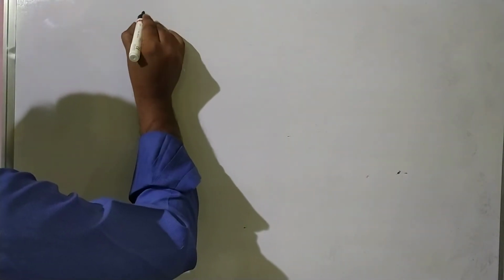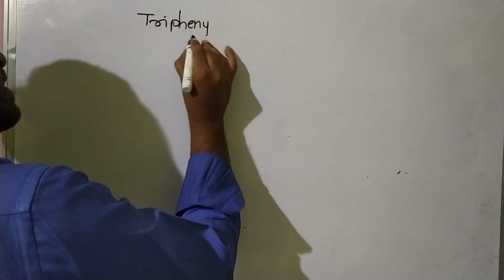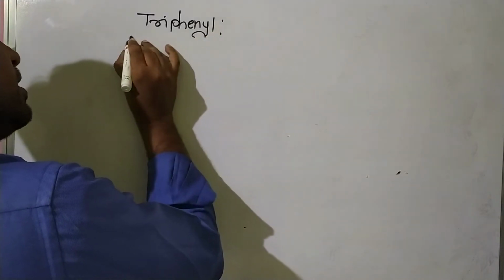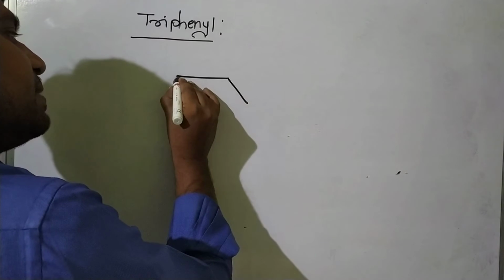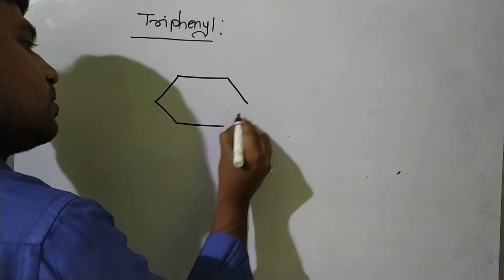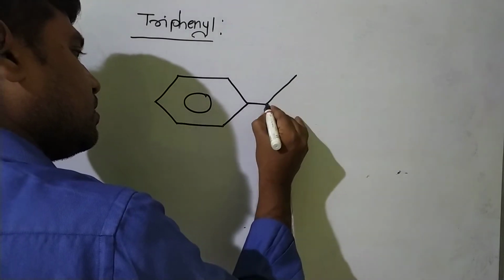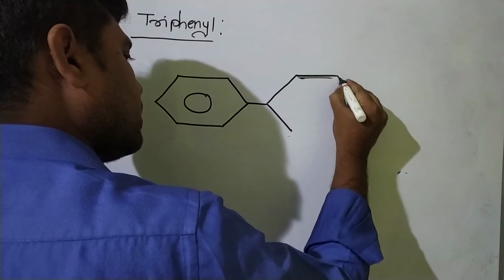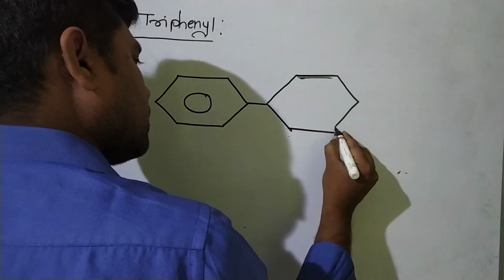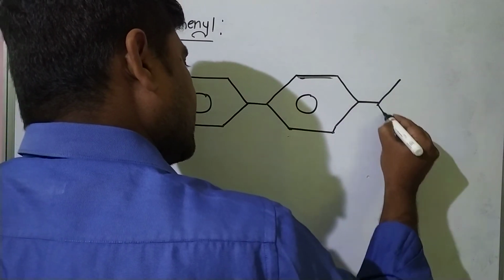Okay students, now write triphenyls. So what about triphenyl? Triphenyl means there are three benzene rings. First benzene ring, this is the second benzene ring, now this is the third benzene ring.